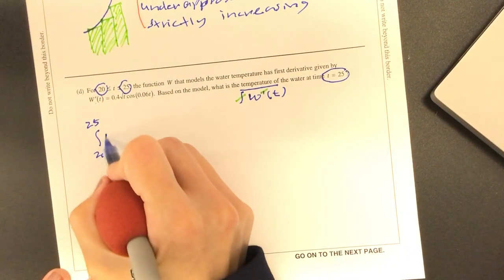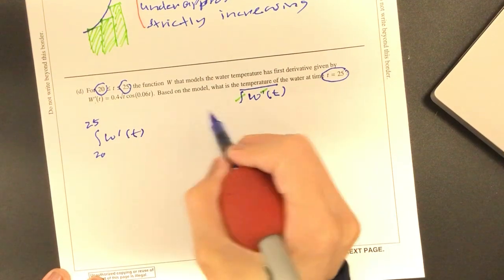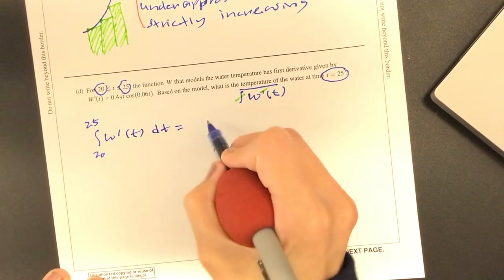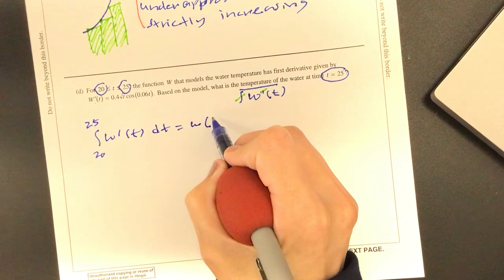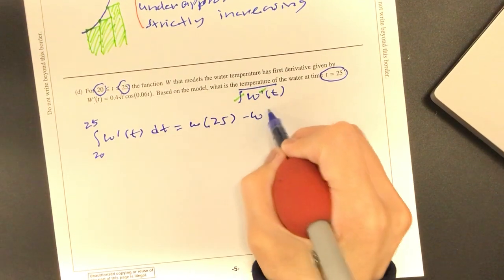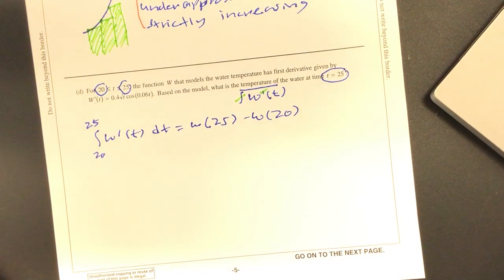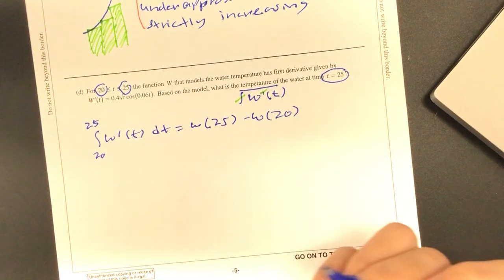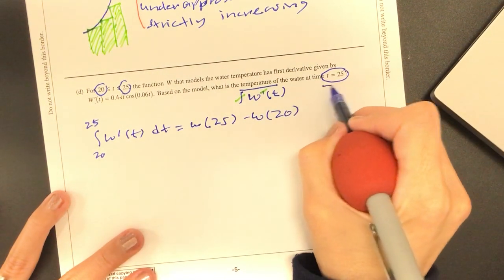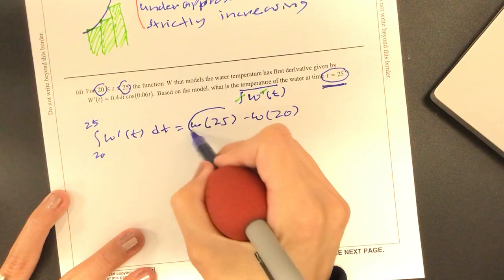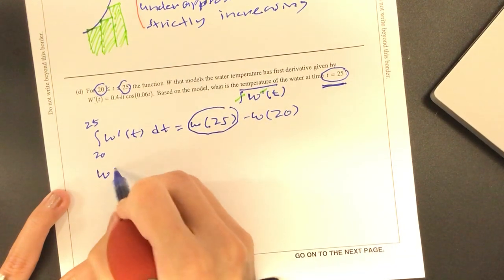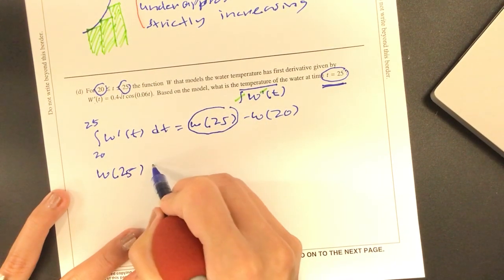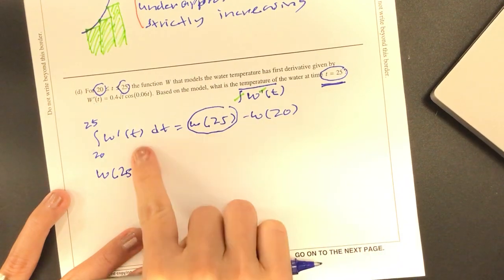So we have the integral of W prime of t dt is equal to W of 25 minus W of 20. And let's rearrange. I am looking for W of 25, so I want to put this by itself. Applying algebra 1, I have to move this guy over, right?